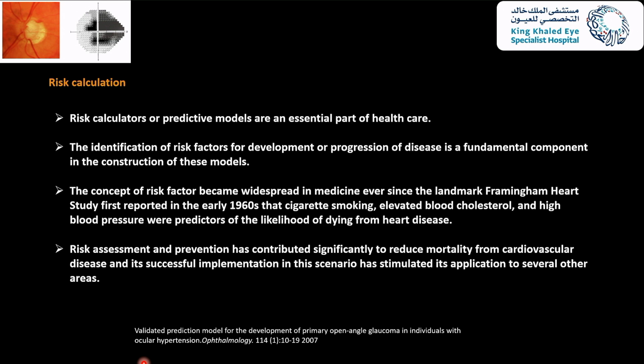So at the end, if you have a patient and you don't know whether you will start the treatment or wait, in this situation it is better to move to what we call risk calculation.